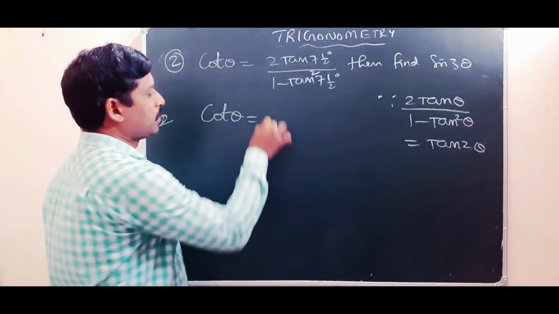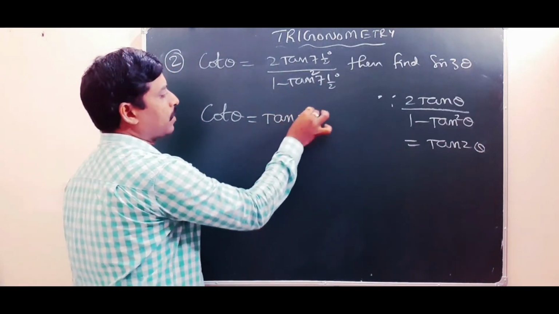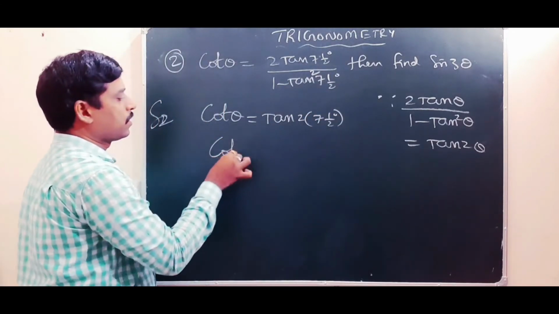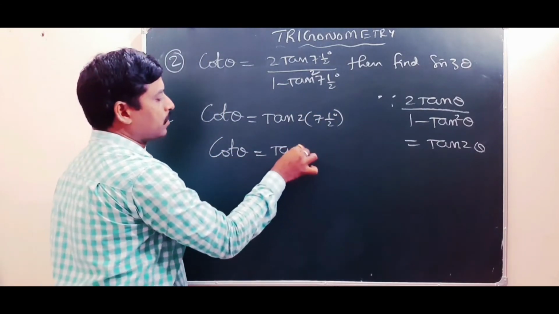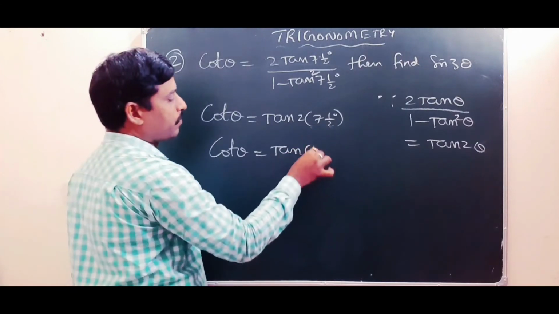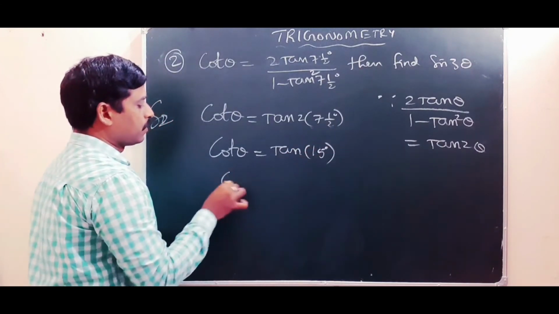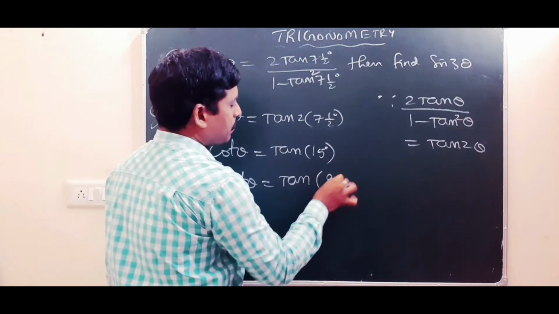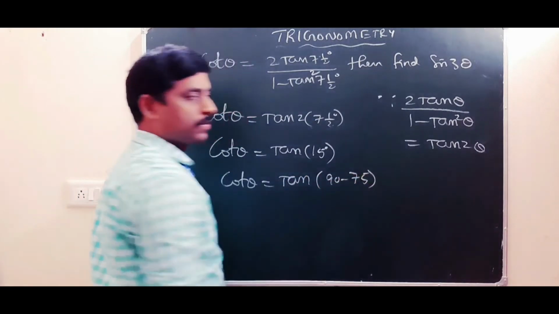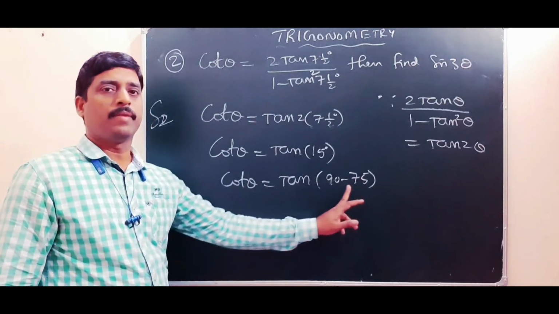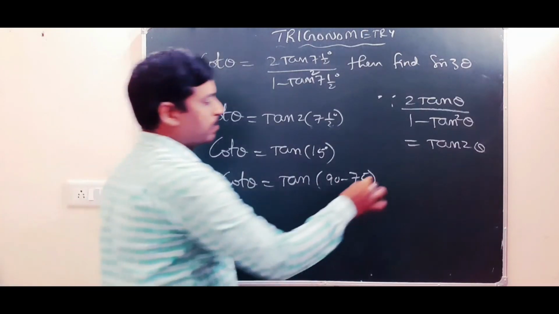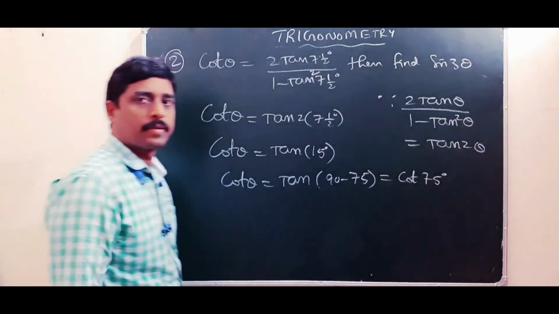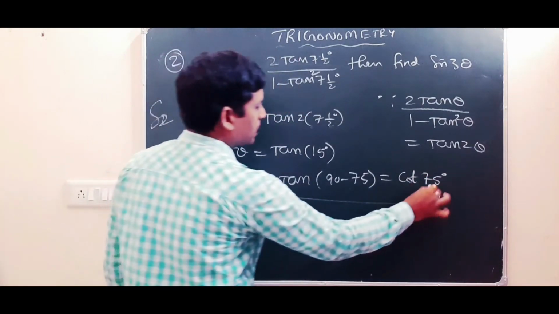This is equal to tan of 2 into 7.5. Therefore cot theta is equal to tan of 2 into 7.5, which is nothing but 15. So cot theta is equal to tan 15, written as 90 minus 75. Tan of 90 minus theta gives cot theta, so cot 75. Therefore theta is equal to 75.